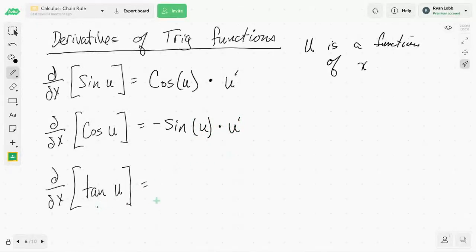And tangent of u is going to be secant squared of u times u prime. So those are the trig function derivatives, more generalized here.